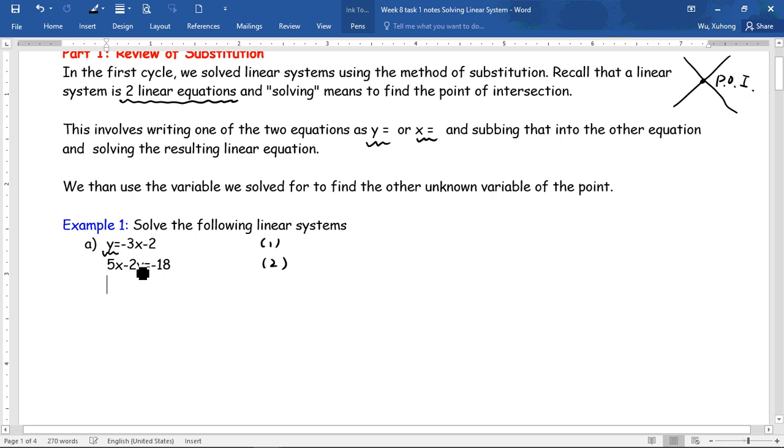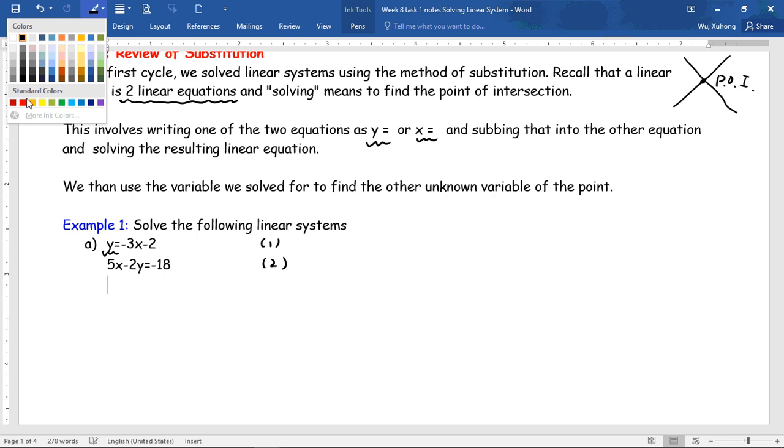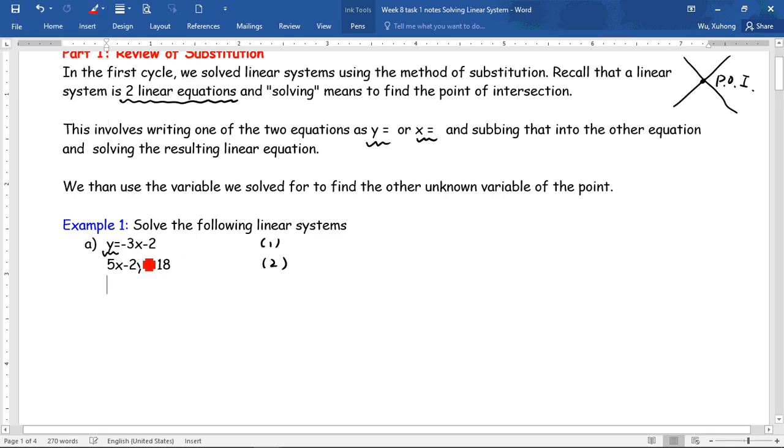It means we replace this y with the equivalent, the right side of equation 1.